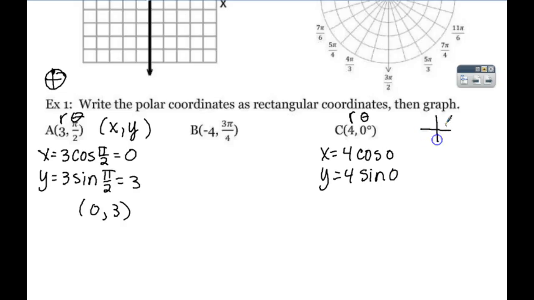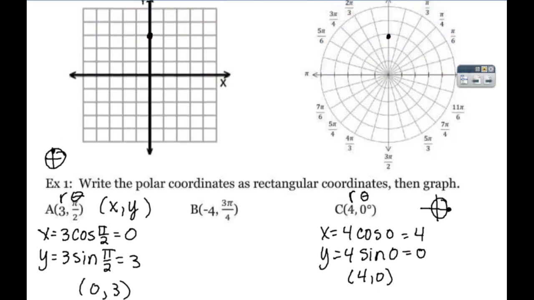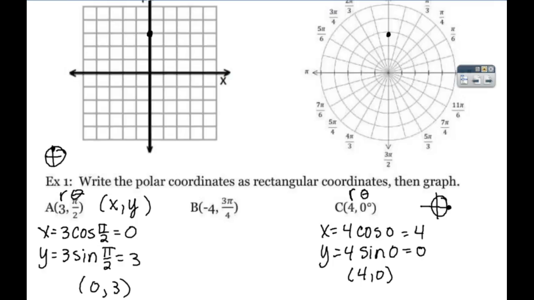So on the graph, I'm right here. So what is the x here? 1. So this one is 4, and this one is 0. So I end up with 4, 0. So let's graph. So this is 4 and 0 degrees.